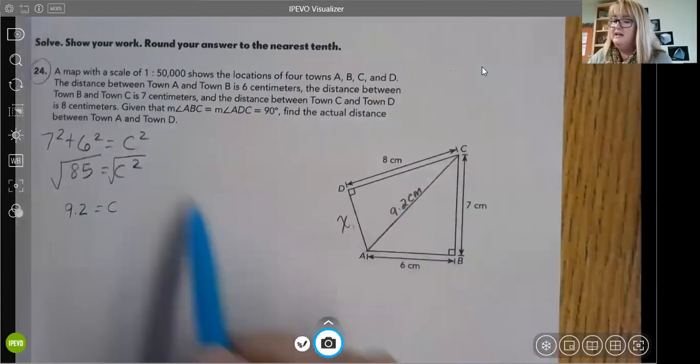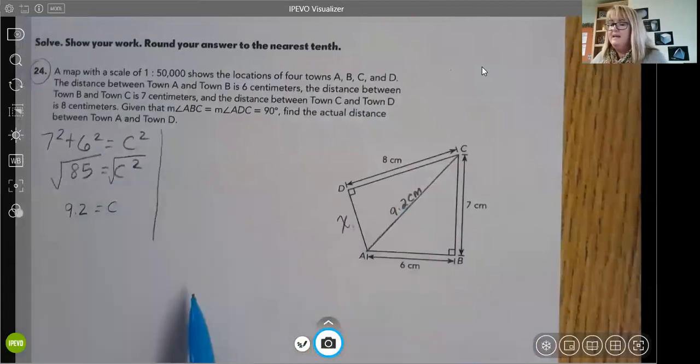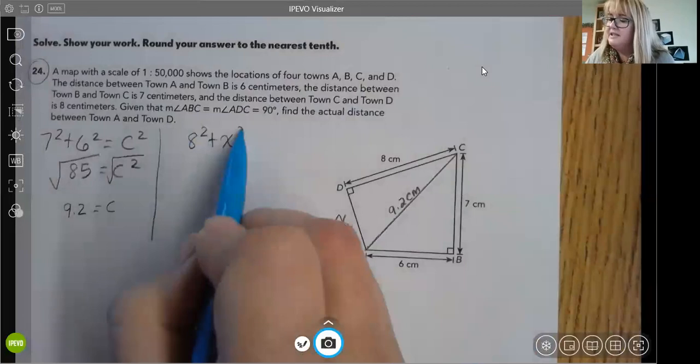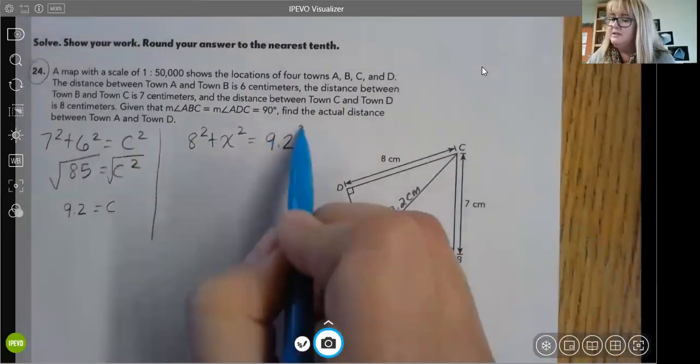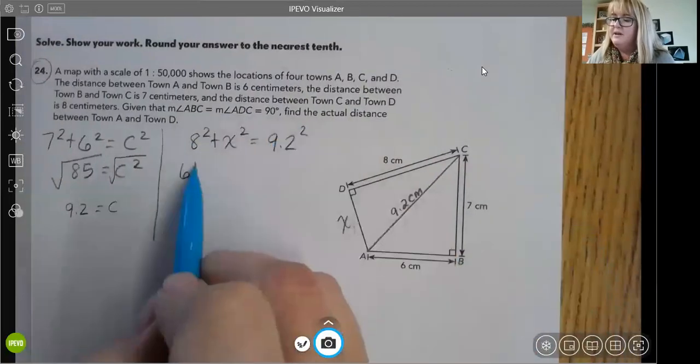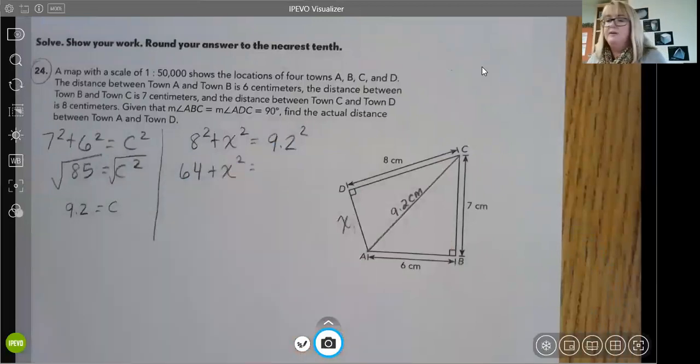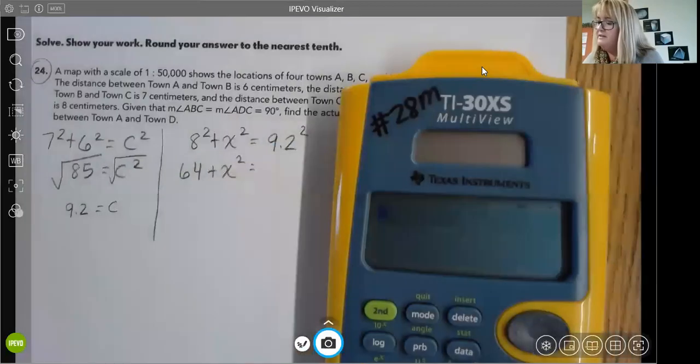So let's put that in our formula. 8 squared plus x squared equals 9.2 squared. 8 squared is 64 plus x squared. Let's figure out what 9.2 squared is: 84.64.